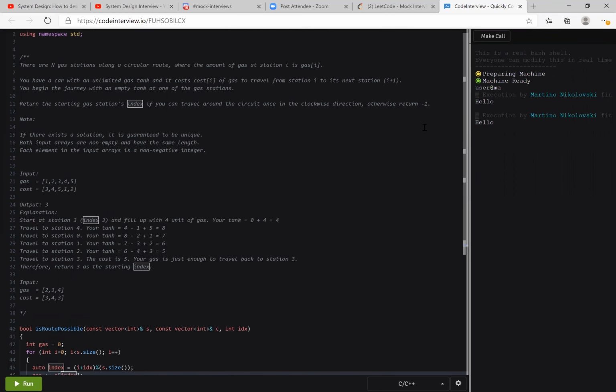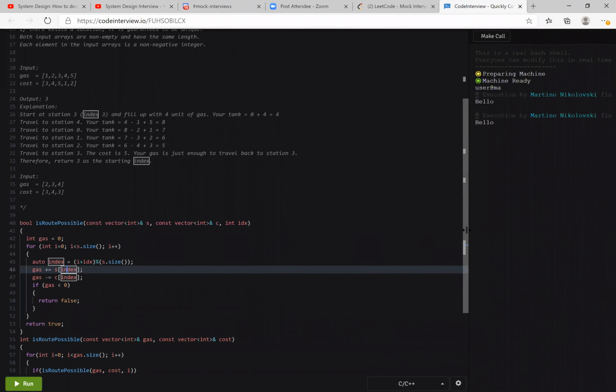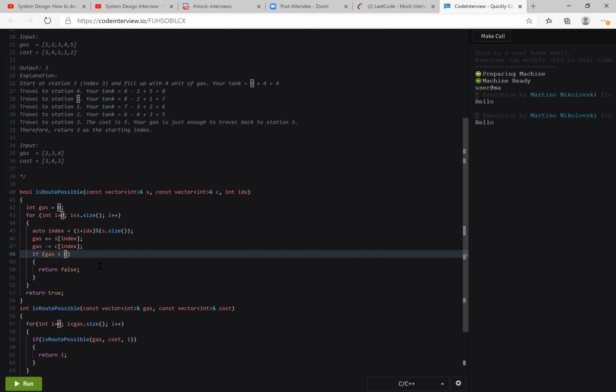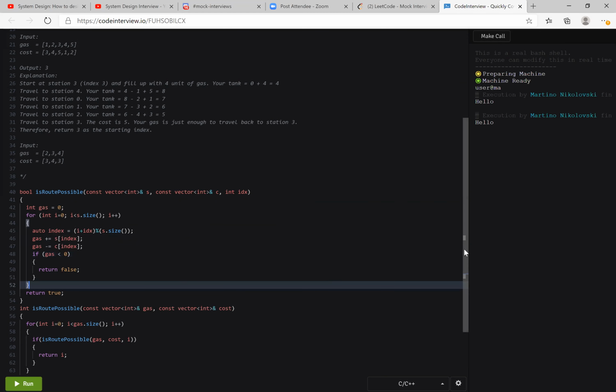Cost I is gas to travel from I to I plus 1. So I got this thing, and minus this thing, so that this much will be left when I reach the next one. And when I reach the next one, if it is less than 0, then I return false.